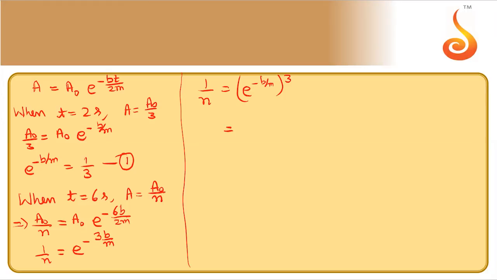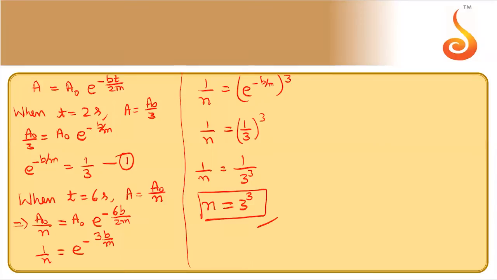From equation 1, e to the power minus b by m is 1 by 3, so whole cube. So 1 by n is equal to 1 by 3 cube, so n should be equal to 3 cube. This should be the answer. That is option B.